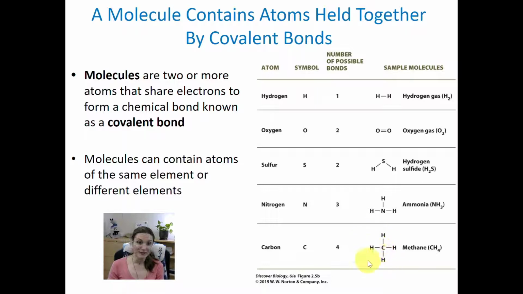There are a lot of different ways we can connect it to other atoms, to other carbons, to other elements, to make a huge variety of molecules. Okay, so this is why carbon is the basis of life on our planet, because it can make 4 bonds, which gives it a lot of versatility.